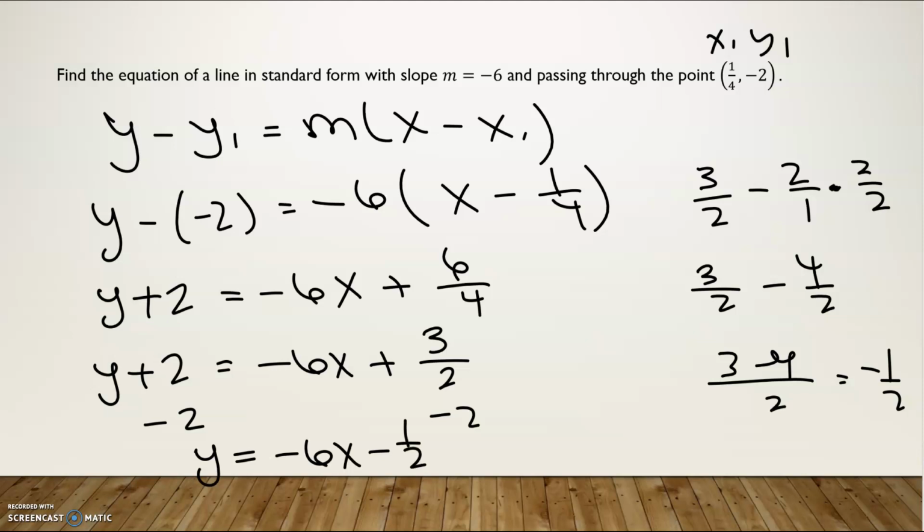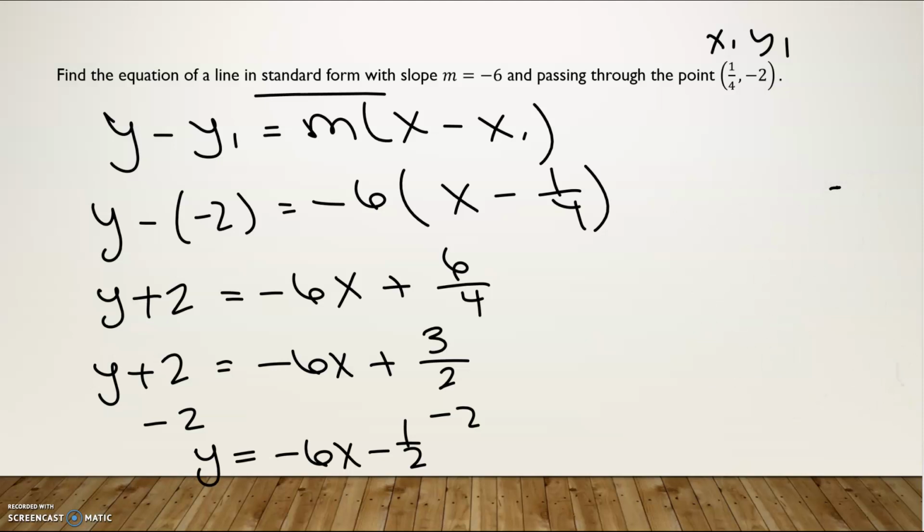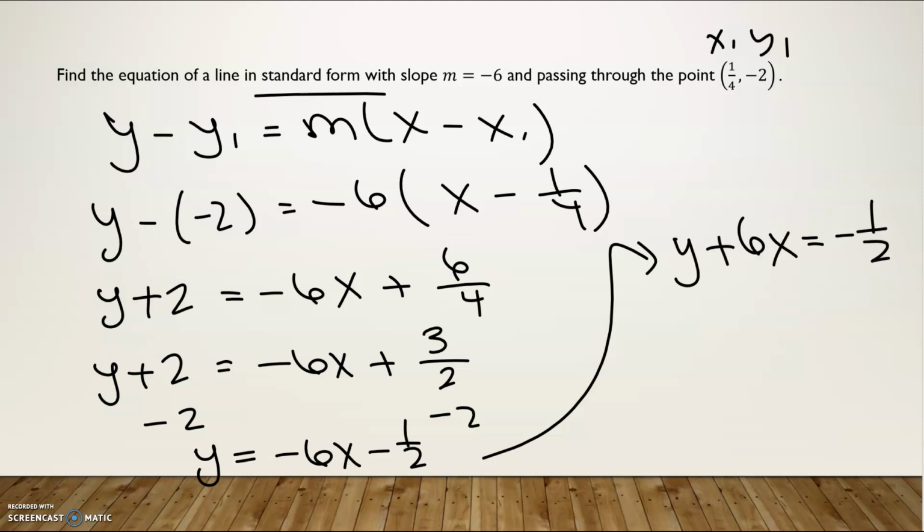But it says put it in standard form, which means I need to move that 6x over to the other side. So let me erase my scratch work over here. Okay, so y plus 6x is equal to -1/2. And there's our answer right there.